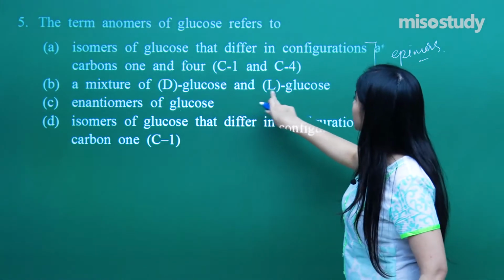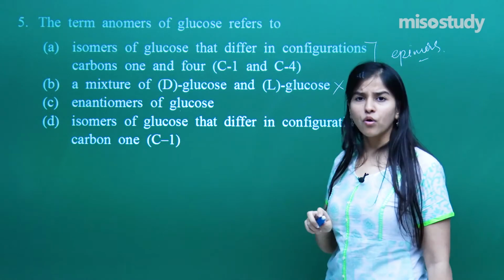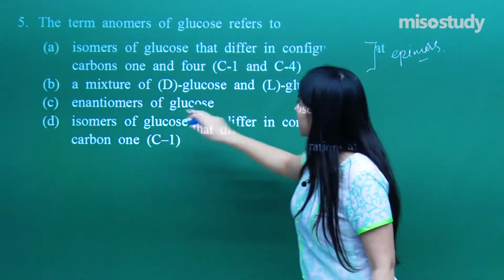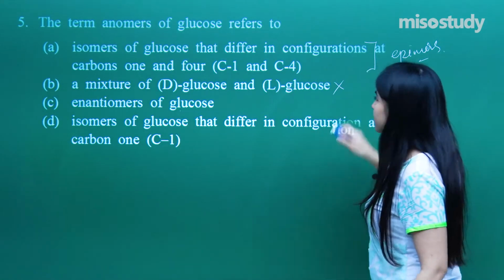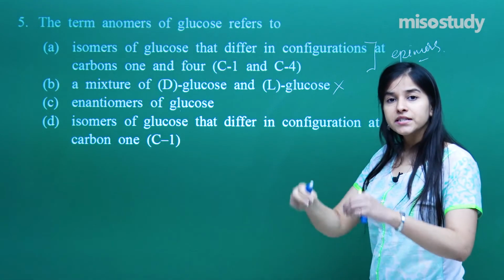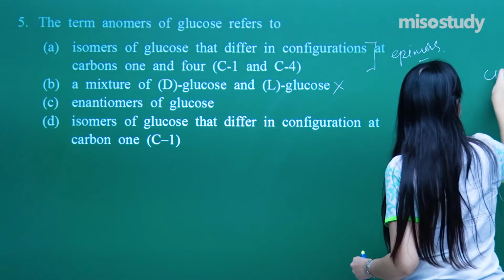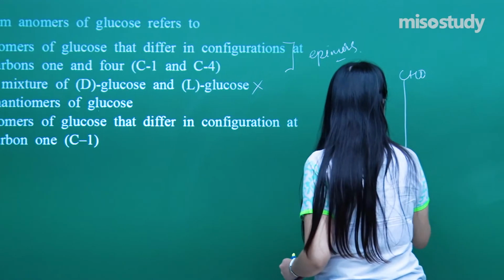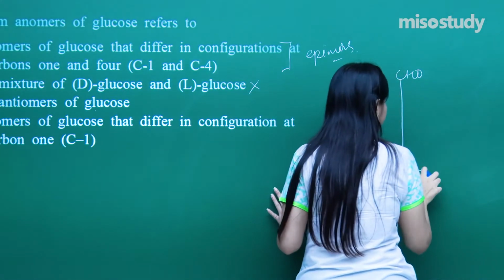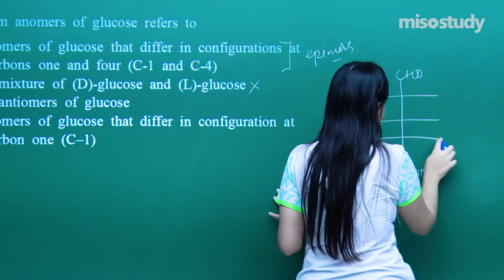A mixture of D-glucose and L-glucose, also not the case. Because D and L means the OH on the last carbon. If I draw the structure for glucose, that is glucose that I am drawing over here.